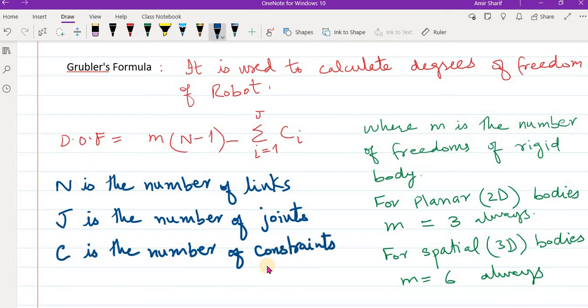And the last one, so this formula can be further simplified. I will show you how we can simplify this.